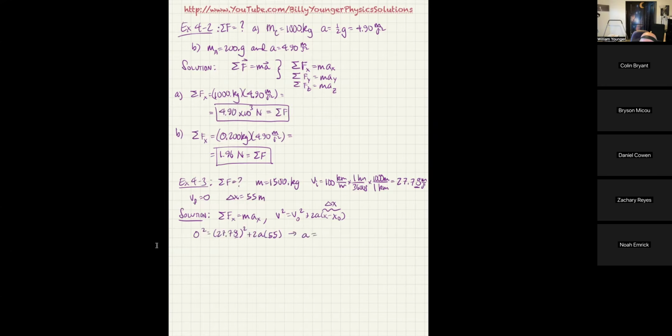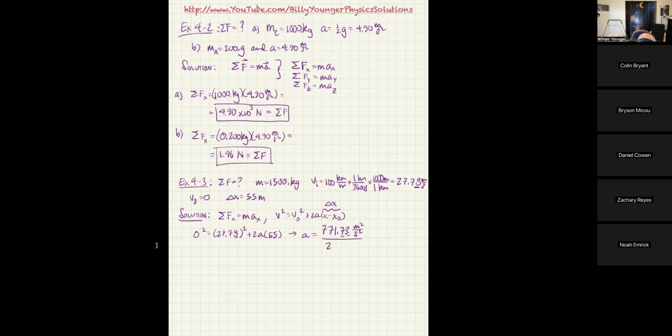That gives me a is equal to, if I take 27.78 squared, that's 771.73. And I really should only have three sig figs there. So that means these two are that, and that's meters squared per second squared.